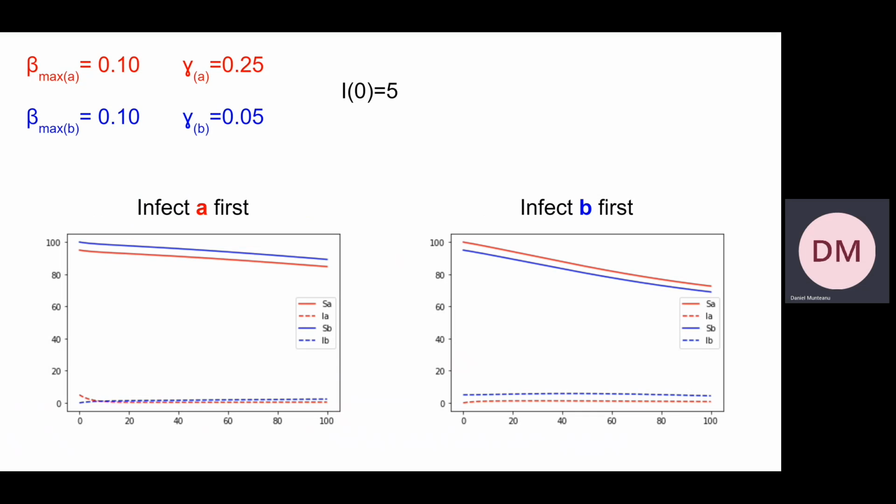And here we see that the initially infected population has an influence on the rate of disease spread. So if we have our initial susceptible population infected first, there is a relatively lower rate of disease spread than when the reservoir population is infected first.